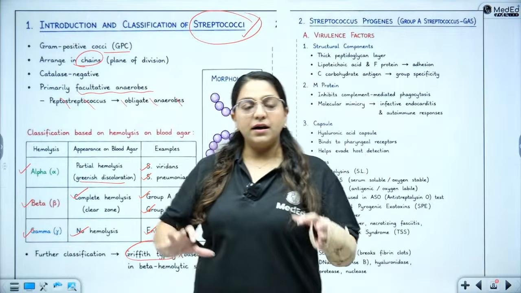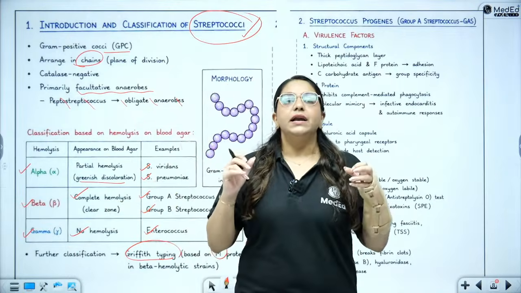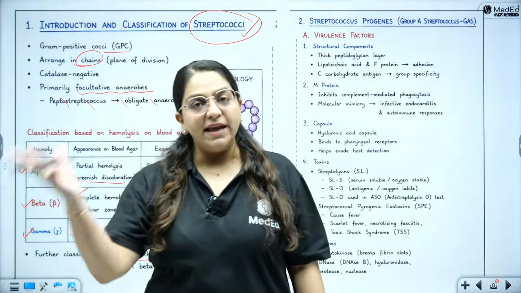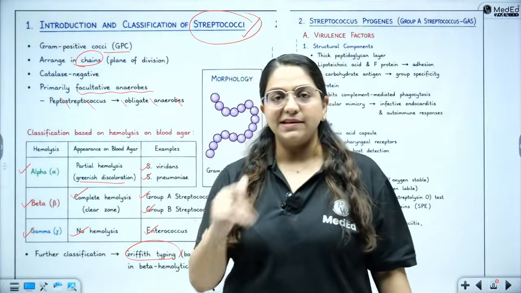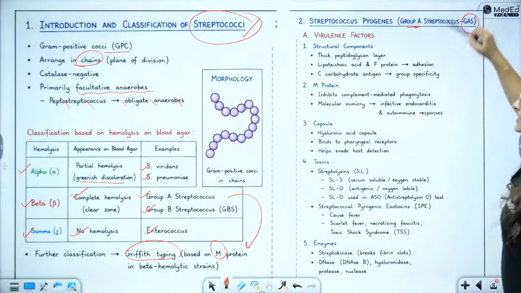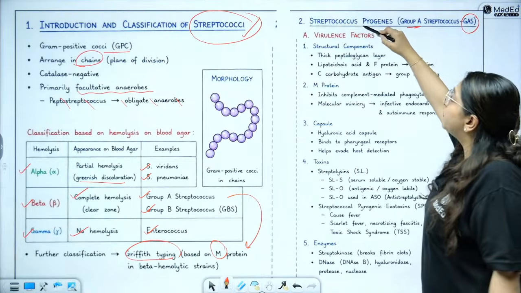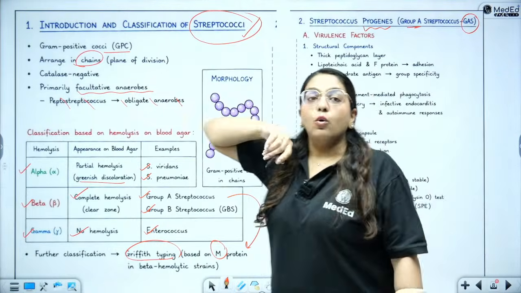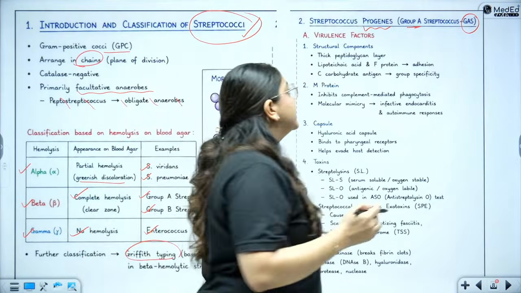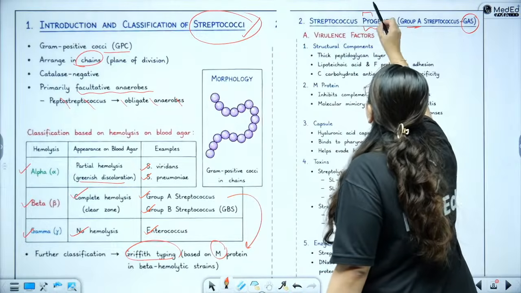So, the Streptococcus is beta hemolytic. Now, I look at the C carbohydrate antigen. If it is the A type, it becomes group A strep, then group B strep, and so on, right? So, amongst your group A strep, which is also called GAS, what is the name? Streptococcus pyogenes. Pyo means pus producing, so it is a pus producing Streptococcus.